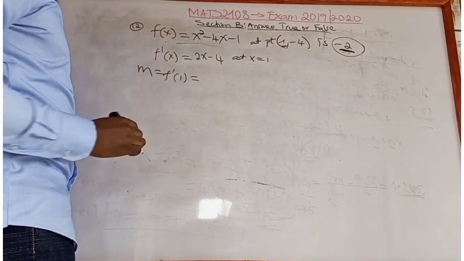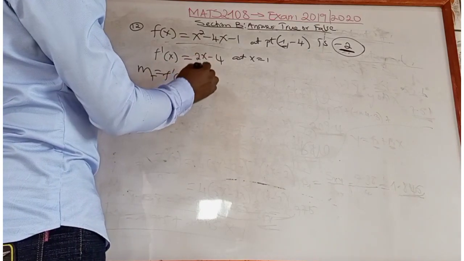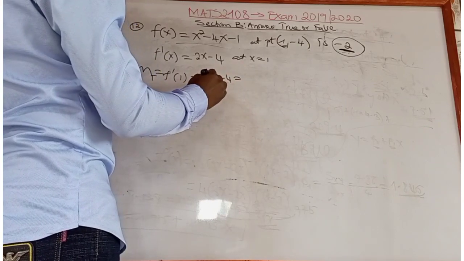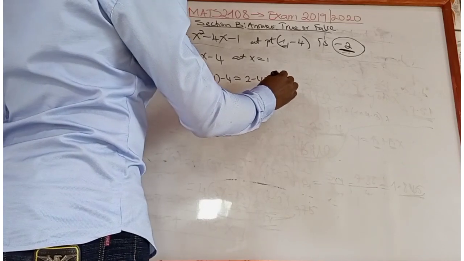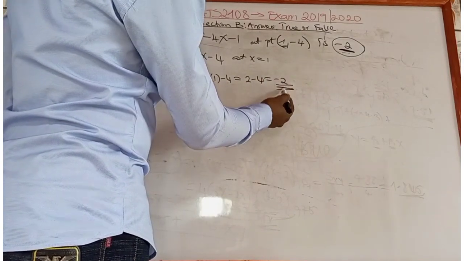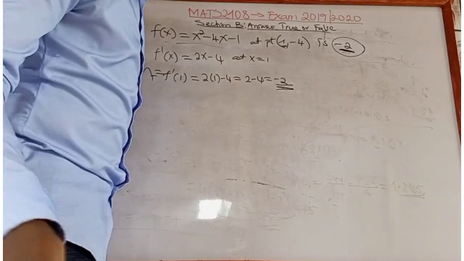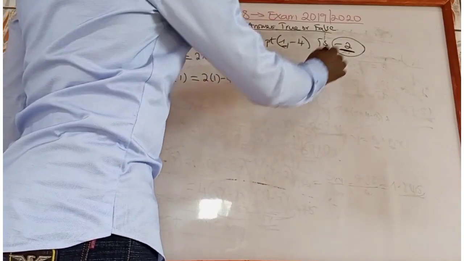We substitute 1 here. We have 2 into 1 minus 4, which is equal to 2 minus 4, which is equal to negative 2. So you see that negative 2 is the gradient of the tangent and not the equation of the tangent itself. So this one is false.